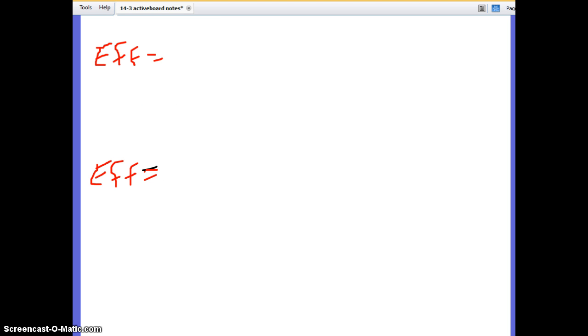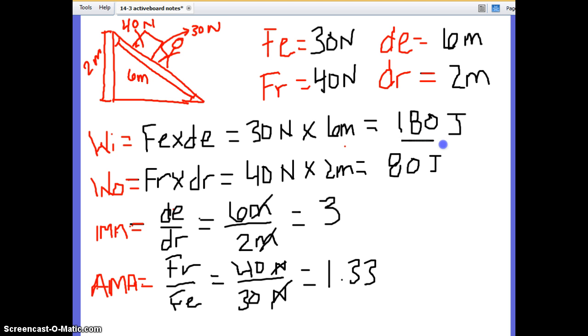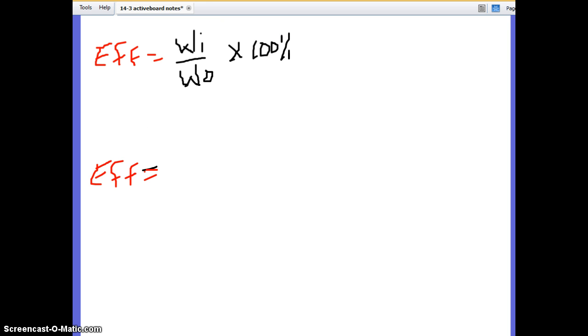Now, there'll be two more things that you have to solve for using the information you just used. So you will want to solve for efficiency both ways. The first one is work input divided by work output times 100%. If you look back at the previous screen, your work input was 180 joules, and your work output is 80 joules. You might have realized I screwed up on the equation. It should be work output over work input.